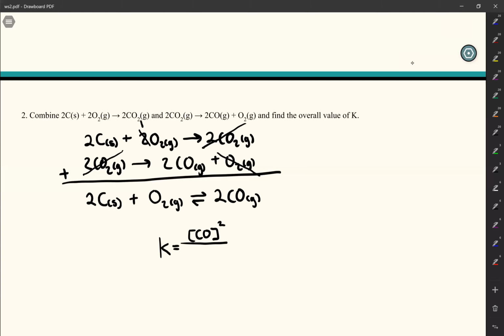So therefore, their concentrations can be replaced by a 1 when it's in an equilibrium expression. So I can either put a 1 here, or I can leave it as nothing for this carbon. And I can add our oxygen to the bottom with a coefficient of 1. And that would be the K overall.